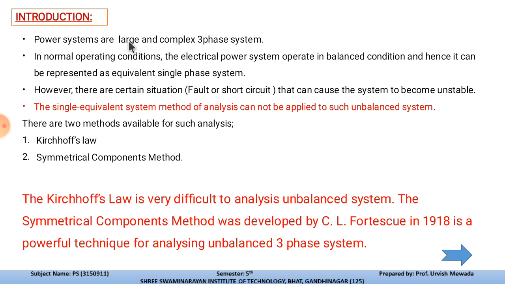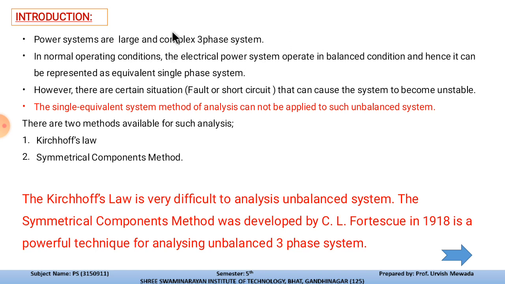As we have discussed, whenever no contingency occurs, when the system is in a healthy state, all three phases transfer the same amount of current, or the load connected to the system is balanced. At that time the system is called balanced.